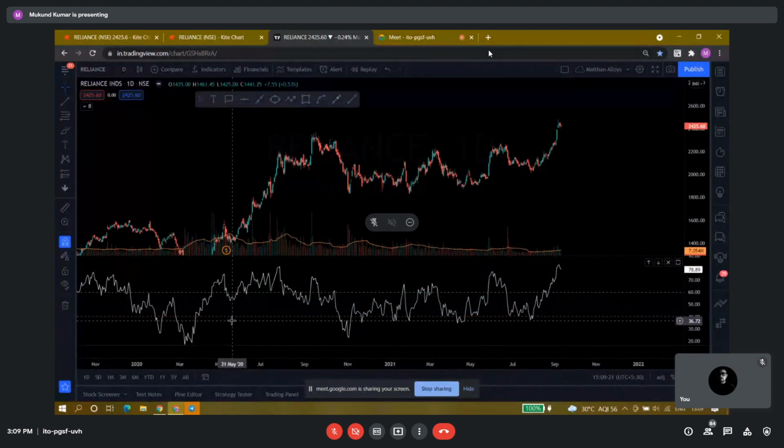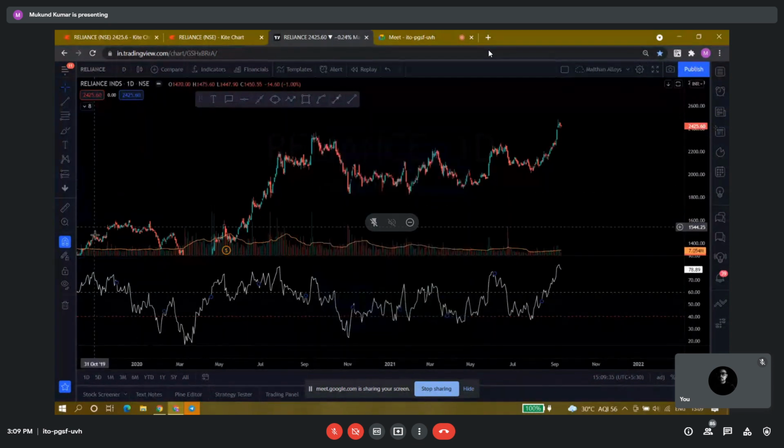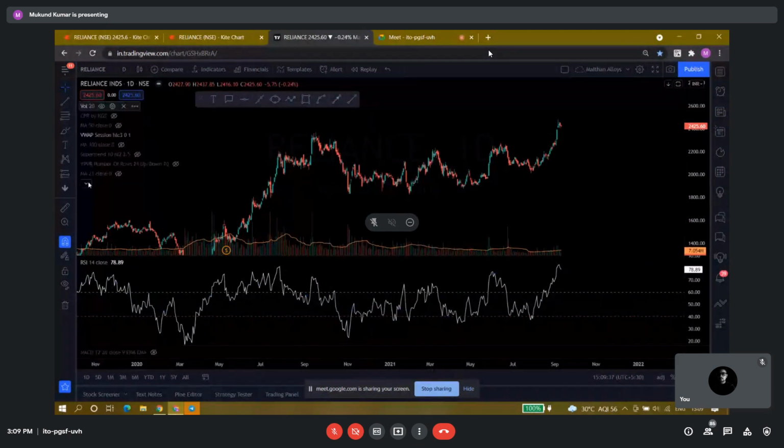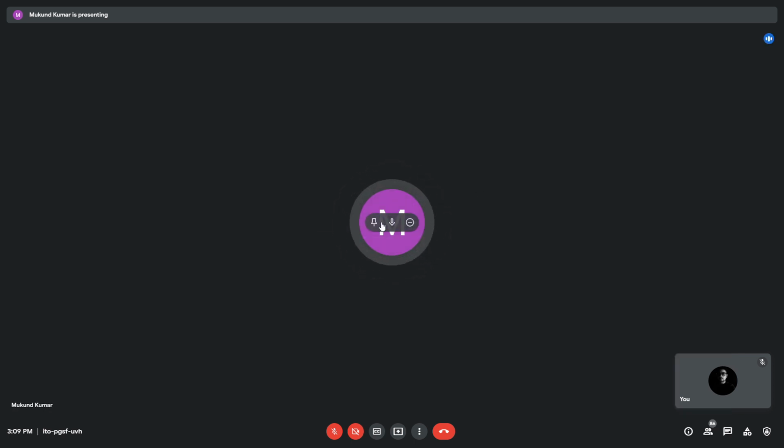So what is the setting that I use for RSI? Let me tell you. The setting that I use is 60/40. The conventional method of using RSI, the old school thought, is to understand whether the stock is in the oversold zone or the overbought zone.